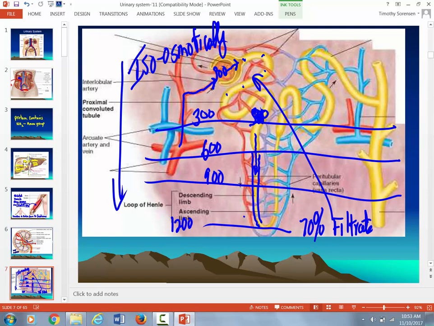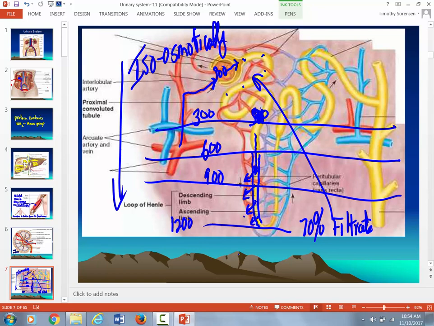And where does water always go? Low osmolarity to high. So this is how water gets reabsorbed back into the blood. And water will be absorbed back into the blood until the osmolarity of the filtrate is equal to the osmolarity of the peritubular capillaries and surrounding tissue. Who followed that?